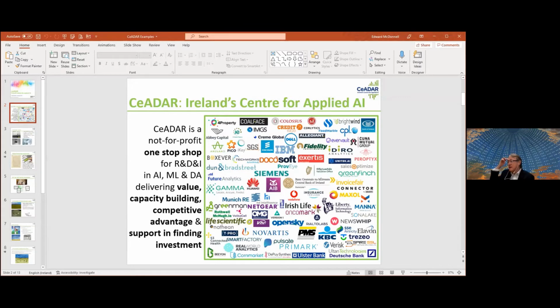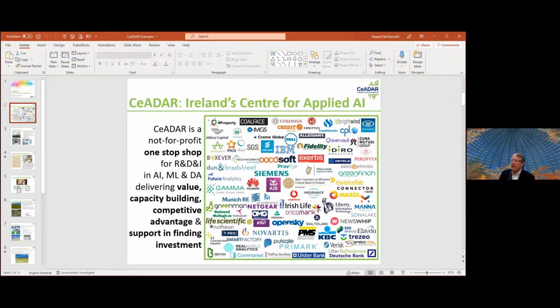So you can see here in what looks like a blizzard of logos that the centre has in excess of 90 member companies. 30% of them are multinationals, and 70% are SMEs. And as you can see from the range of logos, it is a very, very broad spread. We work in satellite, to health, to process industries, to telecoms, contact centers, and again, everything in between.